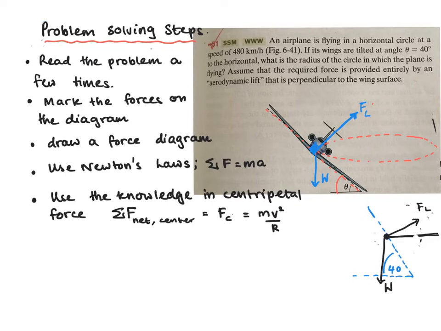Let me erase that and then draw it using a dotted line. That is the direction of the center, and that is the radius r. Now the last step according to this is use Newton's laws. That would be sum of F equals ma.